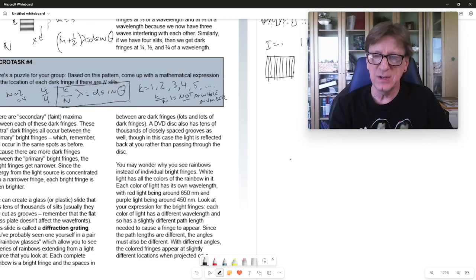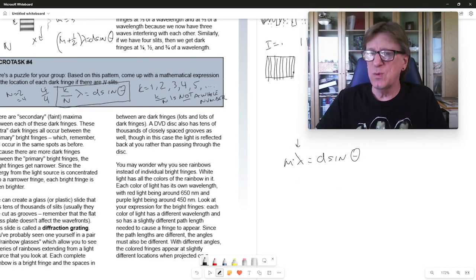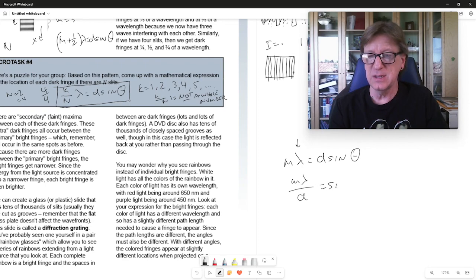And so if we go back to our expression for our bright fringes, because that's what we're mostly interested in looking at, it's going to depend upon the wavelength. So that means that the angle is going to be different for each of the different colors. So let's solve for the angle here. I get m lambda over d is going to equal sine theta.